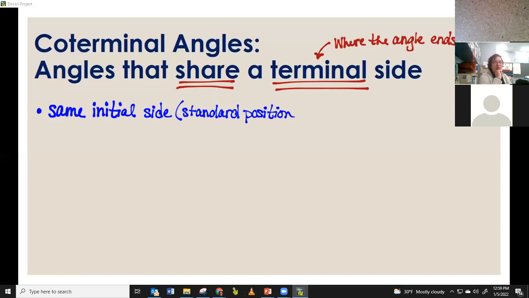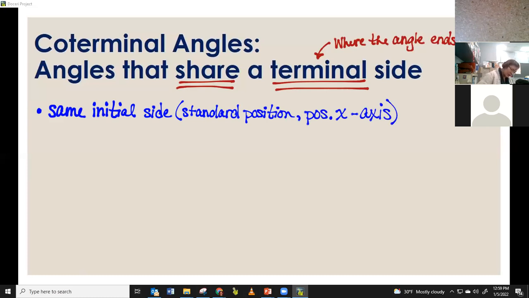Where is the shared initial side? Brendan, where on the x-axis? You're right, it's the x-axis, but where on the x-axis precisely? Positive side of the x-axis, yes. This is the positive x-axis, or the right side of the x-axis.